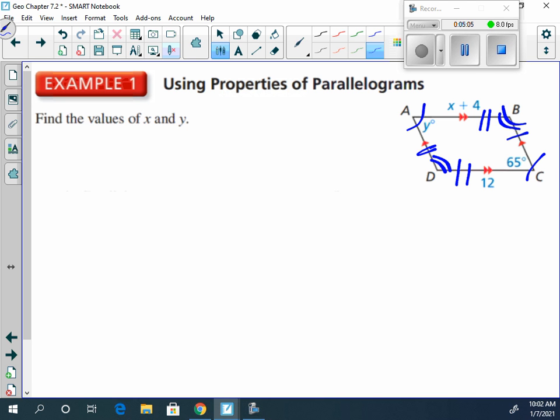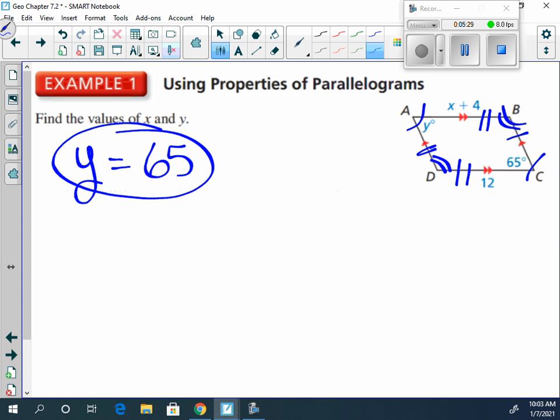Now what they want us to do is find the values of x and y. Angle y is equal to the angle opposite, which would be 65. So y is 65. There's nothing else we need to do with that. Y is 65 degrees because the opposite angles are congruent.